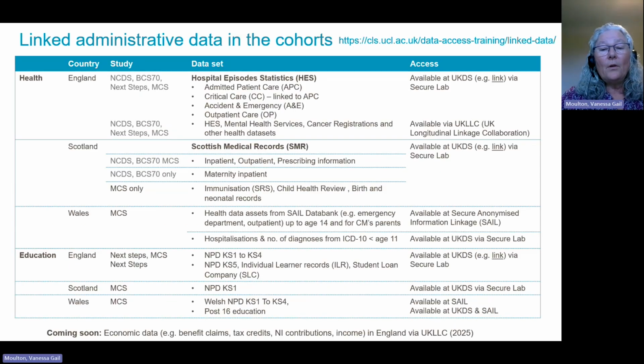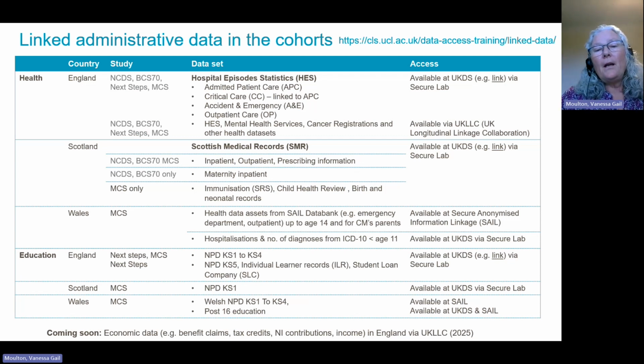Also, with the Centre for Longitudinal Studies, there is a substantive ongoing record linkage programme, and consents have been collected for health and economic data. And in England, the hospital episode statistics are available in all our cohorts via the UKDS secure access, and in Scotland, Scottish medical records have been linked to the BCS 70, NCDS and MCS via the UK Data Service secure access.